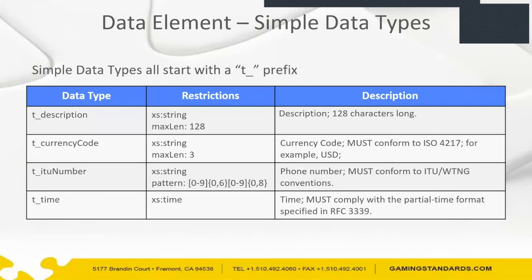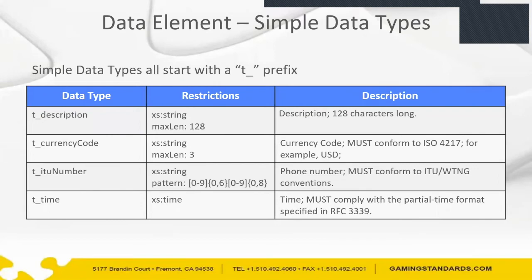And what you see here is a data type called T underscore description, which is used extensively throughout the standard. It is an XS string, and it has a maximum length of 128 characters. You see T underscore currency code, also a string. However, in this case, its maximum length is only 3 characters.